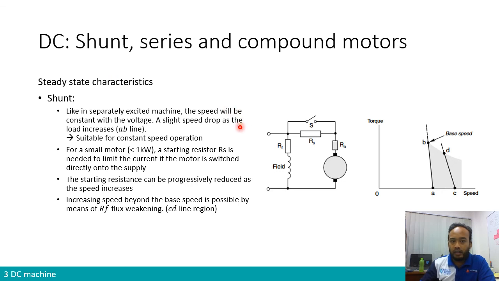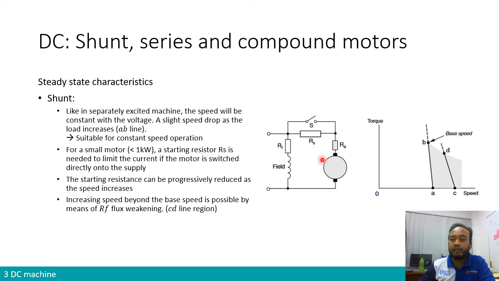So during starting, the voltage supply will be switched on, but the switch S will be left open so that the current has to go through the resistor RS. The resistor RS will limit the current that goes through the armature, and as the motor starts to catch up with the input voltage, we can switch it.